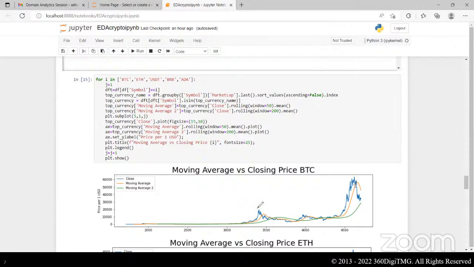If you observe this blue line that you are seeing, this is nothing but your closing price. And this is moving average 1, and this is moving average 2. On an average, what is the movement of this cryptocurrency compared to your closing price?